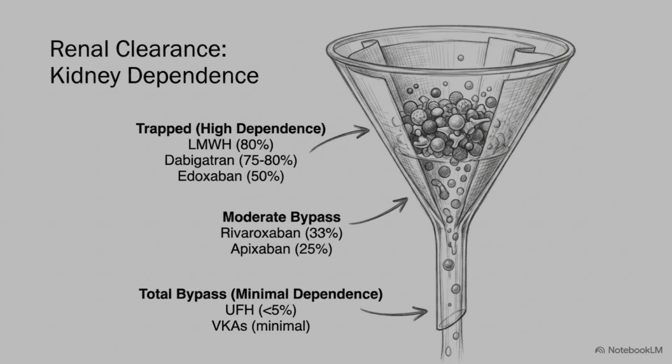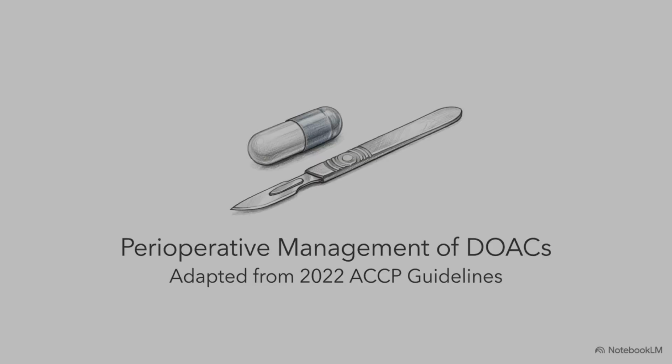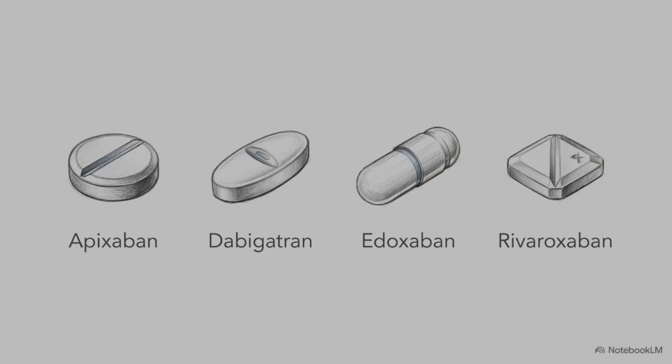So with these principles of elimination half-time, peak action, and dependence on the kidney for clearance, we'll talk about how we use DOACs in the perioperative period. You have four drugs in DOACs: apixaban, dabigatran, edoxaban, and rivaroxaban.